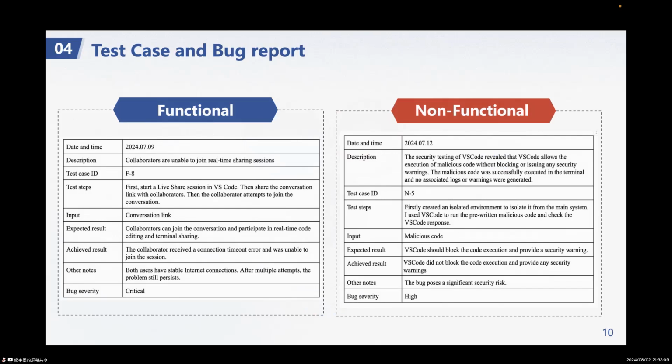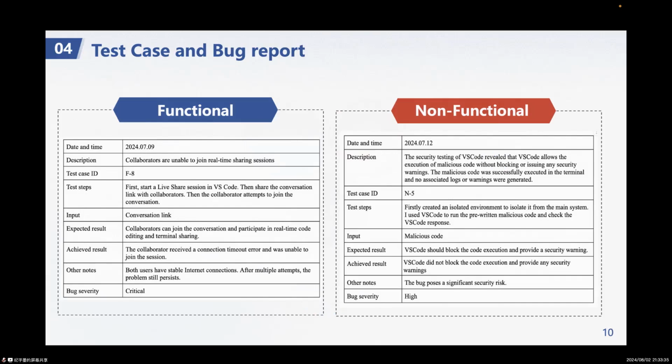Also, we set 1 non-functional test case, whose result is also fail. We executed malicious code in VS Code and checked if the application prevents it. Firstly, we created an isolated environment to isolate it from the main system.